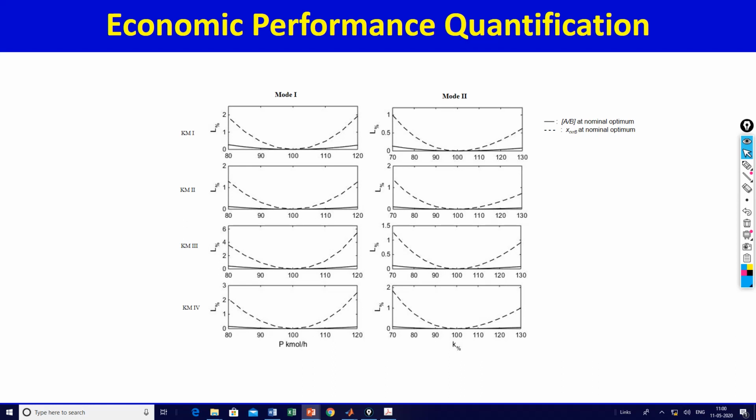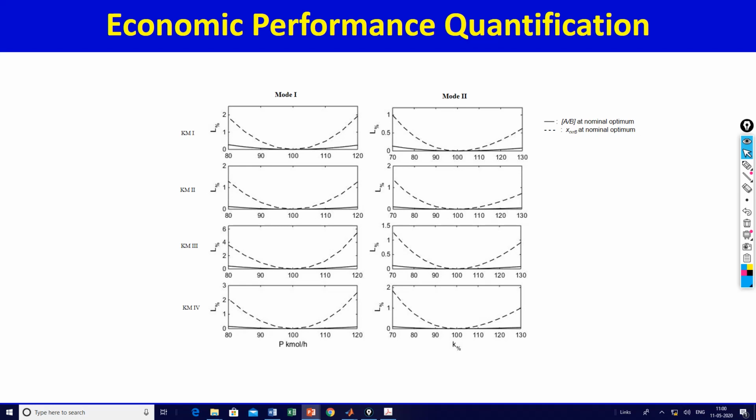What you can see is that when A by B is held constant, the loss in mode 1 for all reaction kinetics is actually quite small. On the other hand, the loss for mode 1 when X reactor B is held constant at the nominal optimum value, the dashed line, is noticeably more.